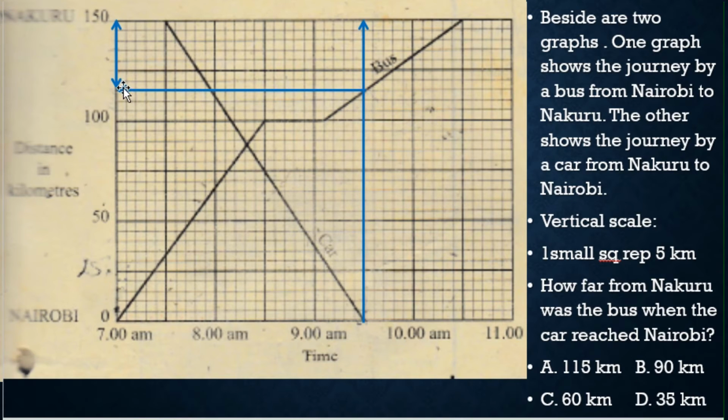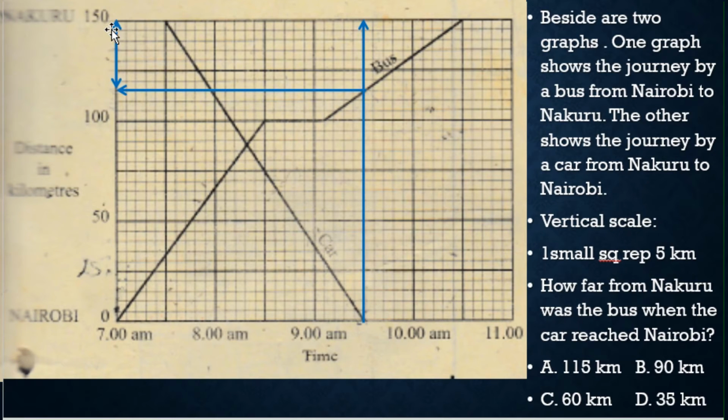So note that we are not to take the 115 because we want to know how far from Nakuru. The bus moved from this point, rested here, came all the way, and then at 9:30 it was at this point when the car reached. And at this point, we move across here, we see it was 115 kilometers away from Nairobi, and it's heading to Nakuru.